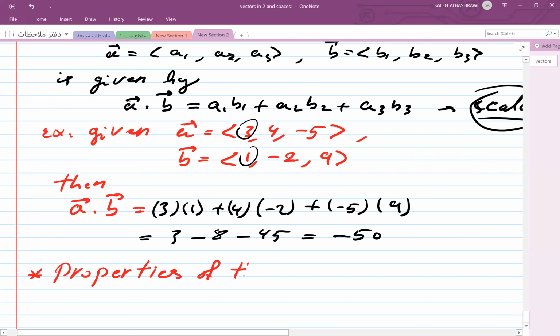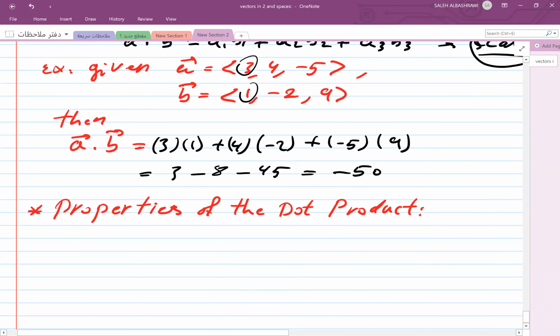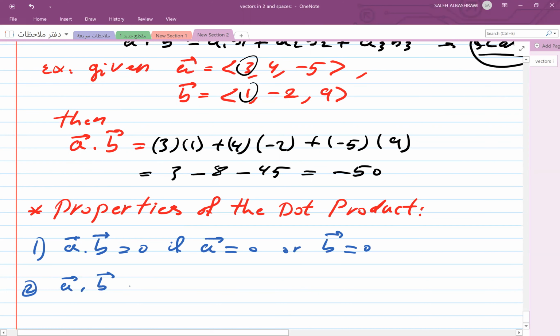First one, A dot B equal to 0 if A equal to 0 or B equal to 0. Two, A dot B equal to B dot A.